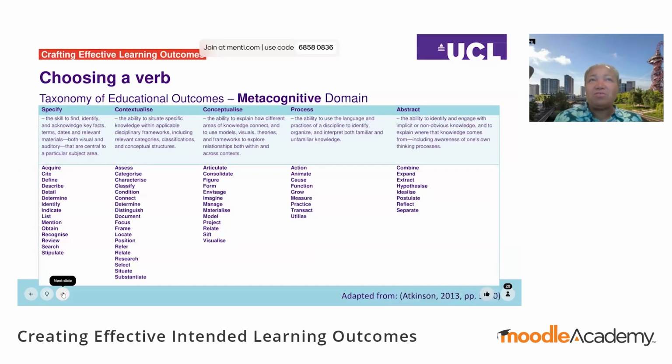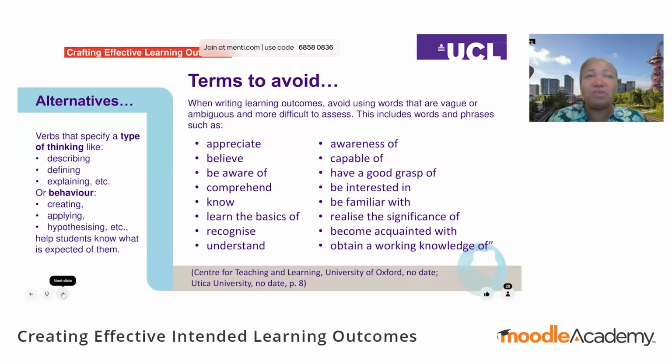So here are some active verbs that you might use for the metacognitive domain. The levels of cognitive effort are at the top row: specify, contextualize, conceptualize, and so on. And then a definition of roughly what's meant by each of those words. And hence you'd be able to see why these verbs are deemed as potential things you might want to use if you have that sort of outcome in mind.